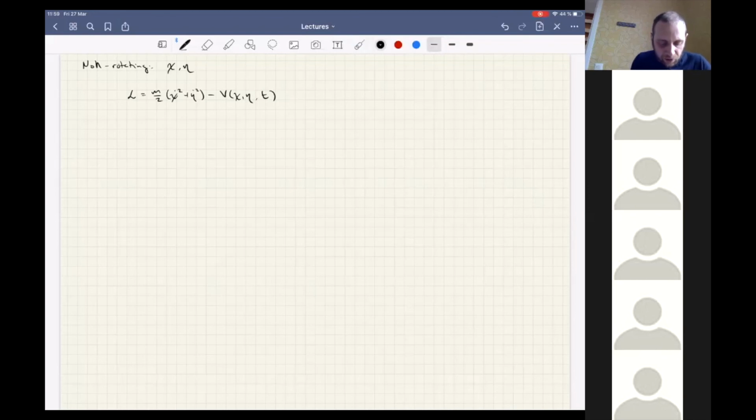But then we could define our coordinates x as chi cosine omega t plus eta sine omega t, and y is then minus chi sine omega t plus eta cosine omega t.